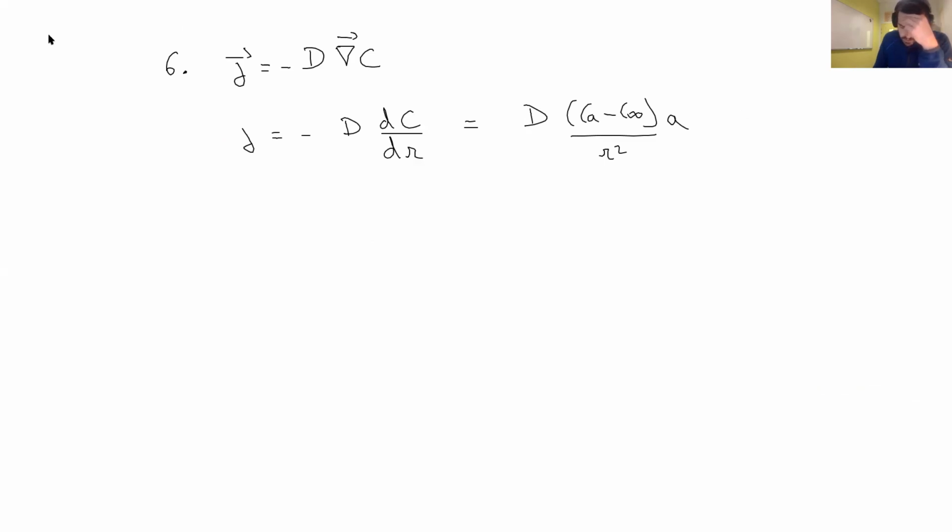At any position in space, it's positive. So there's really evaporation of the droplet. Its matter is diffusing away. So I can now estimate this at R equals A. So this is R equals A. It's a particular point. It's really near the interface of the small droplet. And so I end up with this positive flux divided by A.